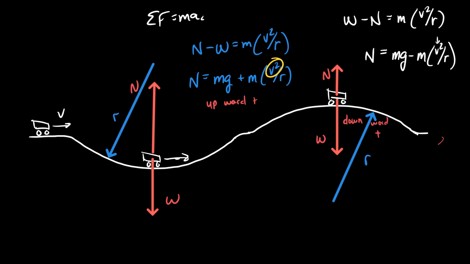You see that, right? Because mg ain't changing. Do you also see that you could go perhaps fast enough where you make the normal force 0? If you match it up just right, that's the speed where your car leaves the ground. If you go faster than that, the normal force has to be negative.